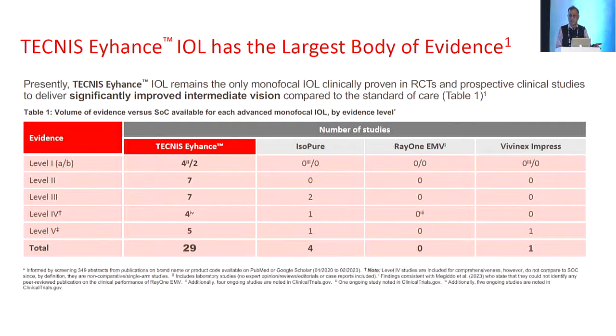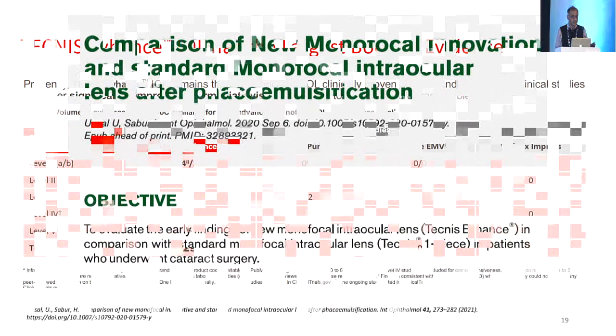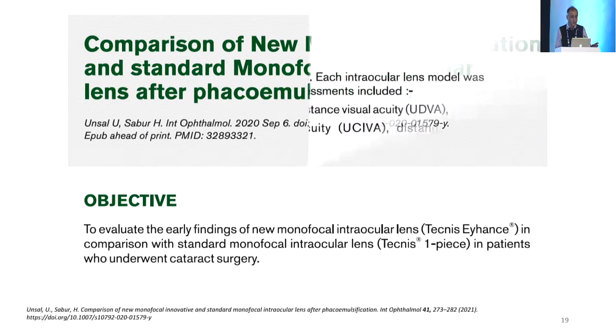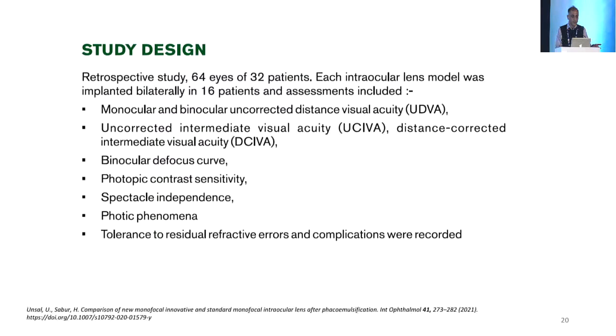There are multiple studies which do show that you get better intermediate vision with Eyehance as compared to monofocal lenses and other lenses. So this study was comparing the Tecnis Eyehance with the Tecnis monofocal, where they looked at 64 eyes of 32 patients.